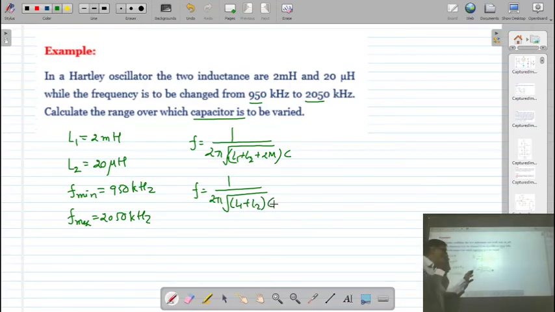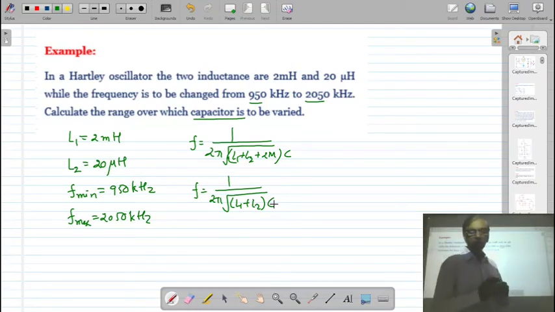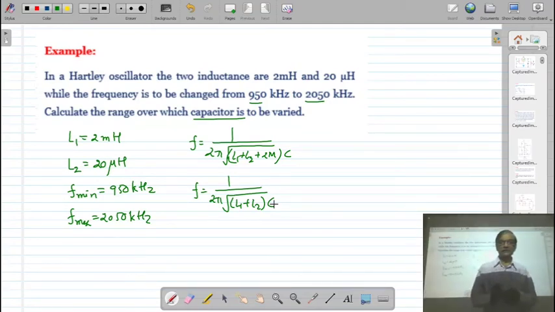Now in this formula you can see, as we increase the value of capacitance, then the frequency will decrease. If I reduce the value of the capacitor, then the frequency is increasing. So if I want to get a maximum frequency, the capacitor has to be a minimum. And if you want a minimum frequency, the capacitor has to be a maximum.